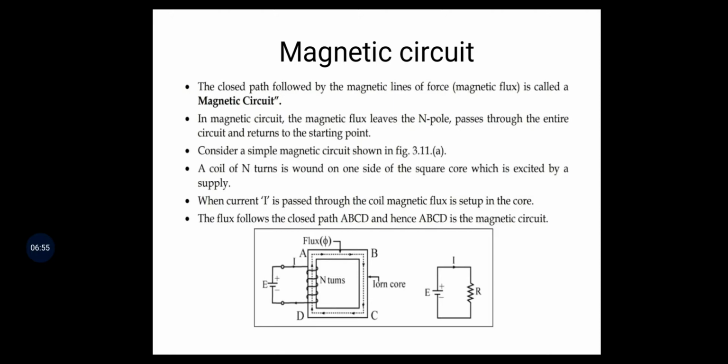This flux flows across the square path and returns to the starting point of the core. The path is ABCD. Here ABCD is called the magnetic circuit.